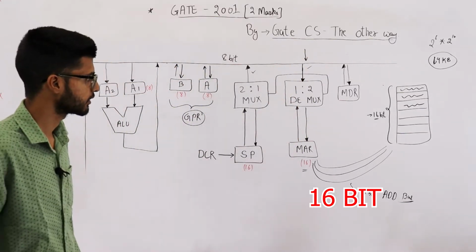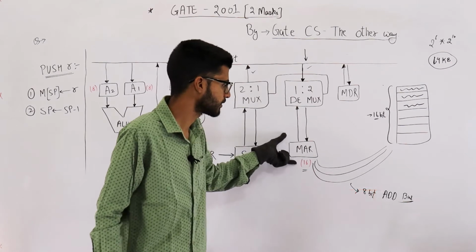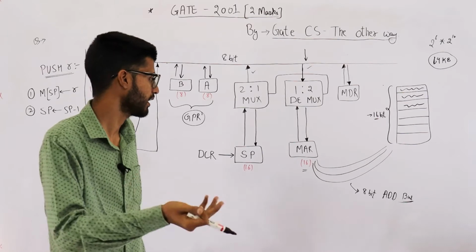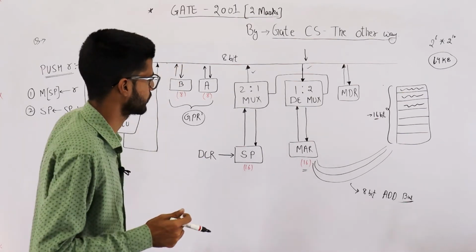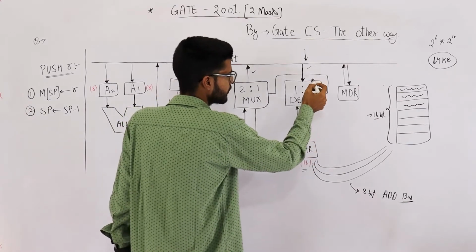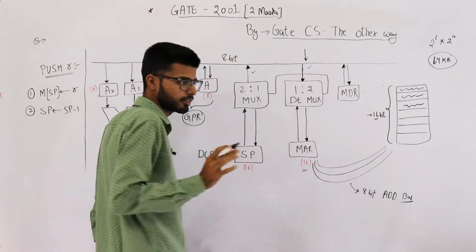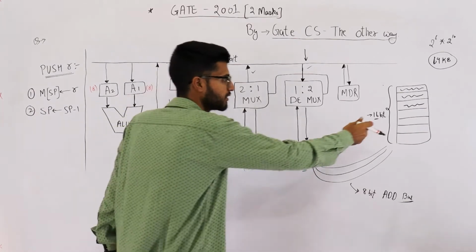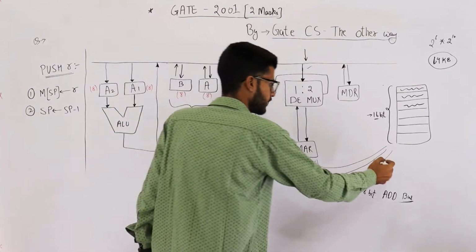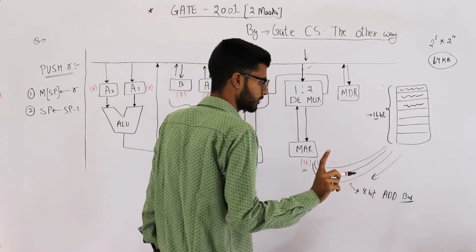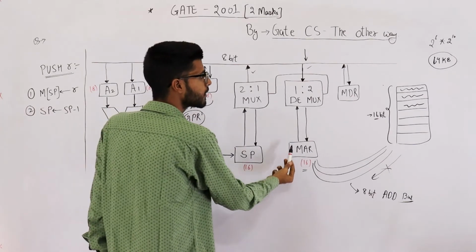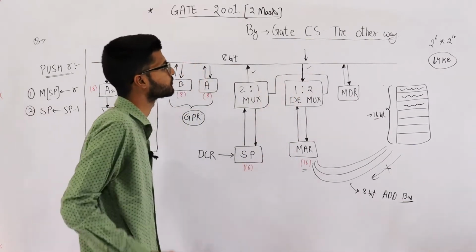And second thing is, whenever this contains the address, we don't want to know that address. We actually want to access that location. That means it doesn't make sense to have a bidirectional bus. It's very obvious that memory is not going to tell us the address. We are going to tell the address to the memory. So data doesn't flow this way. Okay, this is wrong. Data doesn't flow this way means it also doesn't flow this way. Okay.